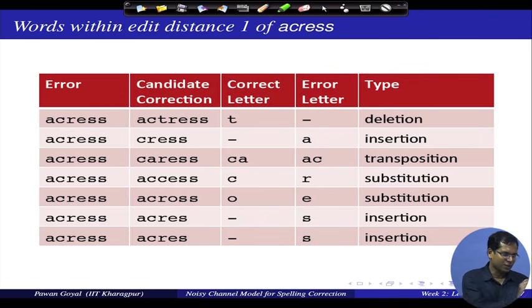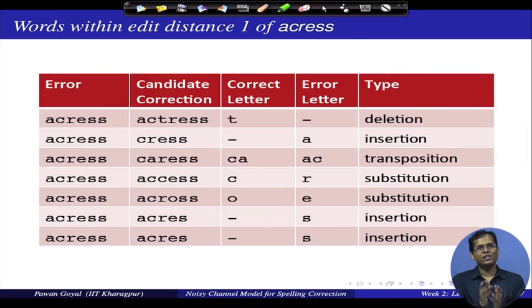So here is the word actress. Now I find the words like actress, cress, caress, access, across, acres, and acres occurs twice in this list. Why? We will see that. Let us try to understand the first candidate word, actress. So this is my correct word, this is my incorrect word.